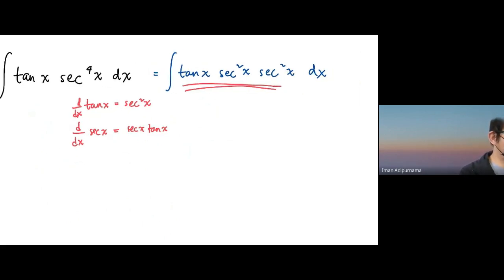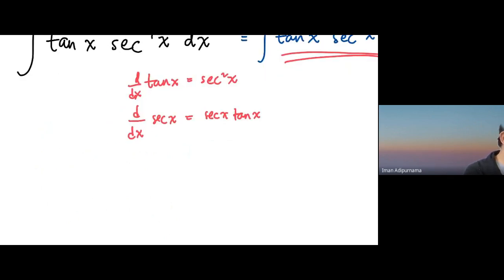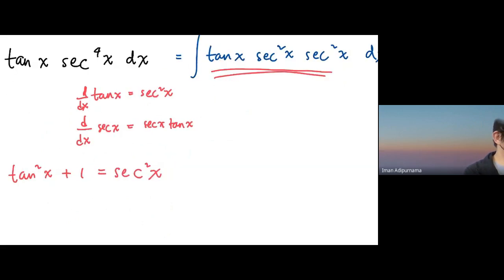The secant squared, also the important identity: tangent squared x plus 1 is secant squared x. So we may change the secant squared to tangent squared.